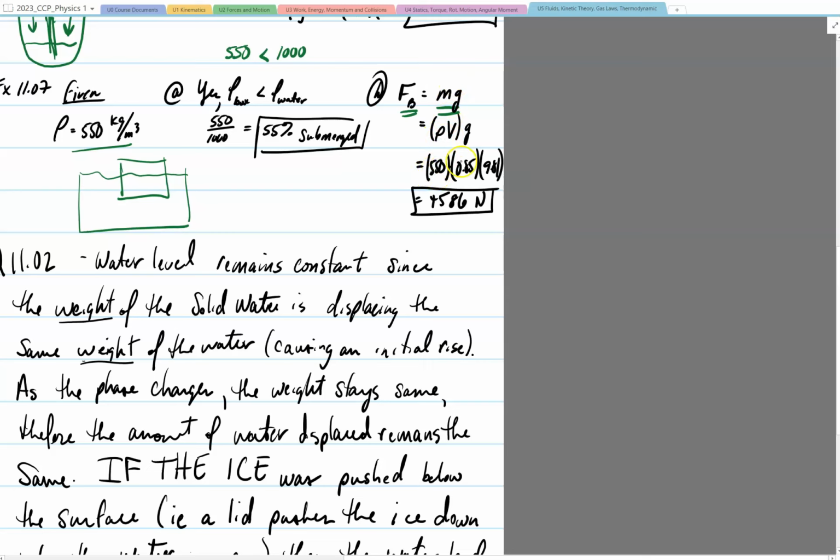We're being told that the box itself had a volume of 0.85 cubic meters, and so when we multiply the density times volume times the gravitational constant, we have this upward force pushing on this box at 4,586 newtons.